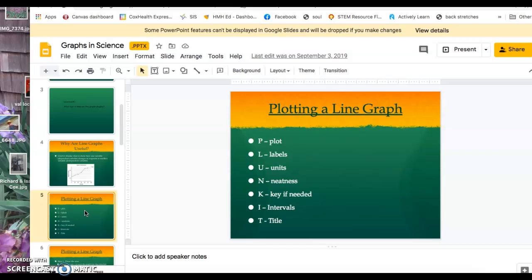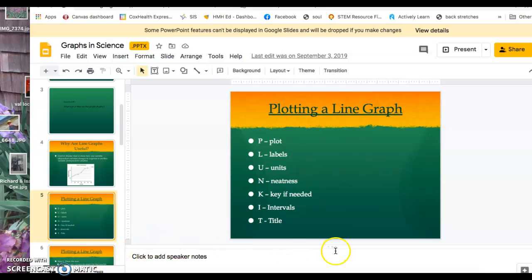You need to maybe color code it or put little triangles instead of dots for your plots so that we can tell the difference between the two. So sometimes you definitely need a little box to the side, but not all the time. So if you need a key, you should have a key.